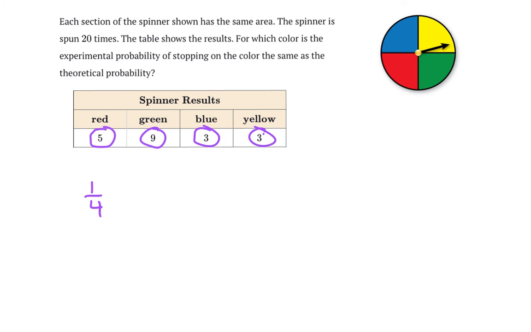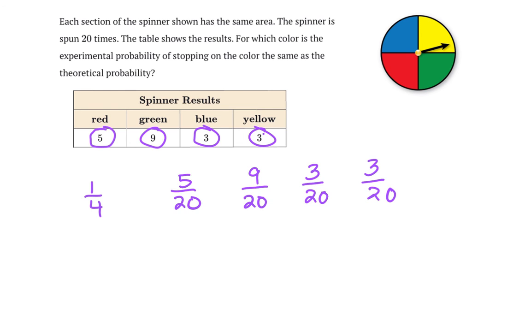So maybe this spinner that should be equally balanced, maybe it's not so balanced. The question says, for which color is the experimental probability of stopping on the color the same as the theoretical probability? Well, if I'm spinning it 20 times, red is 5 out of 20, green is 9 out of 20, blue is 3 out of 20, and yellow is also 3 out of 20.